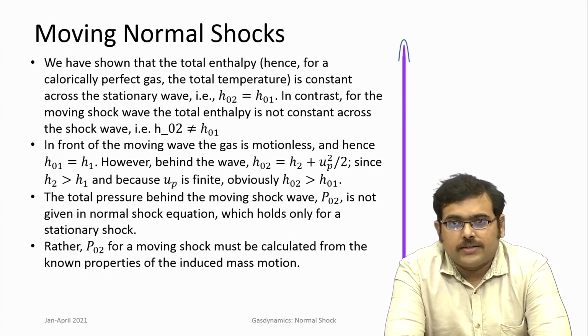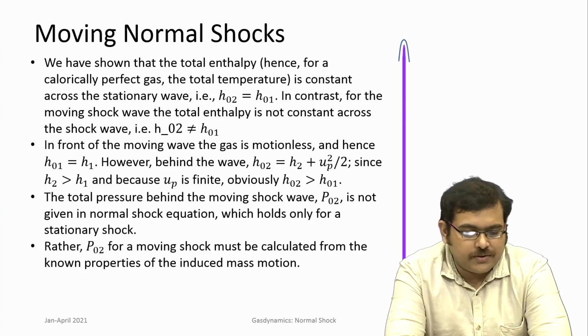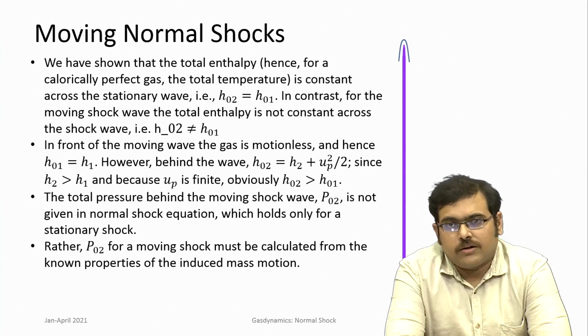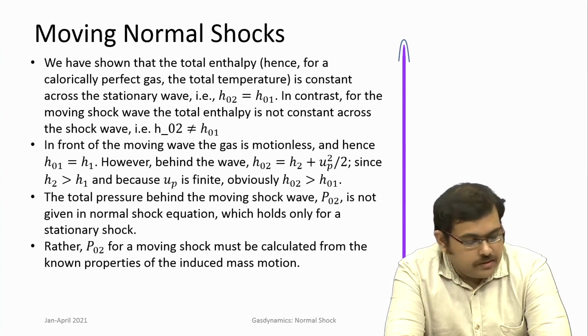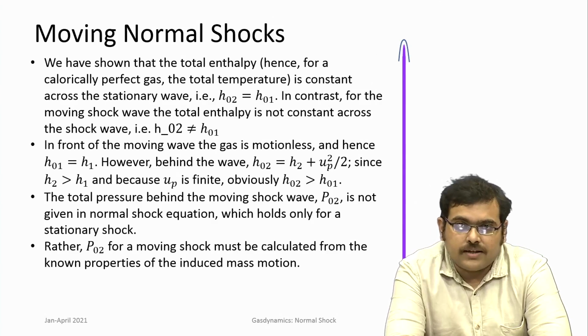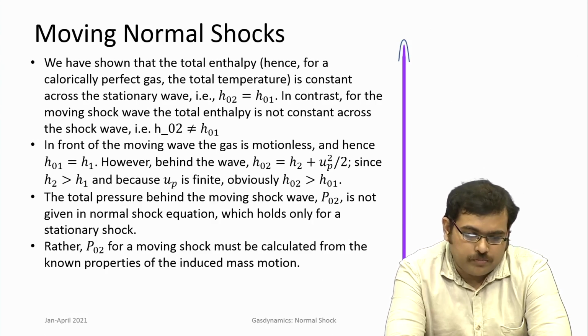But what about stagnation properties? So, we know from our understanding of the stationary shocks that it is a case of constant stagnation enthalpy, because it is an adiabatic flow.